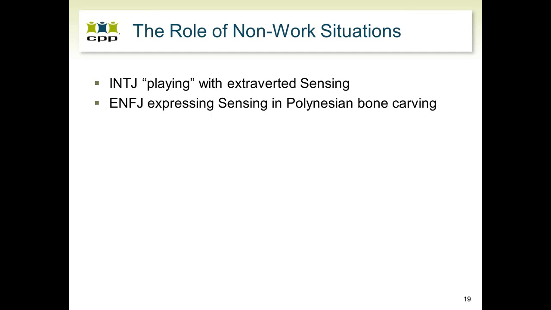Feeling the urge to grow her sensing and not particularly drawn to the fact-based aspects of academic advising, she's recently found fulfillment in Polynesian bone carving. She shared that bone carving is only as good as the tools used, no matter the creativity involved, and it requires heavy attention to detail and full focus on the task at hand. And as her sensing has developed, her attention to detail has carried over to her work.